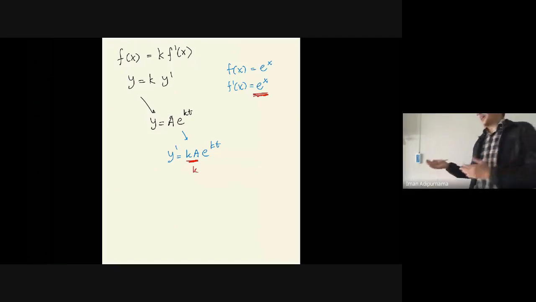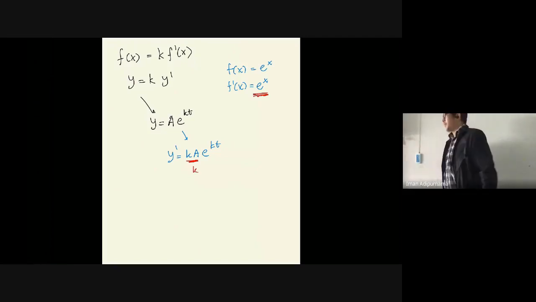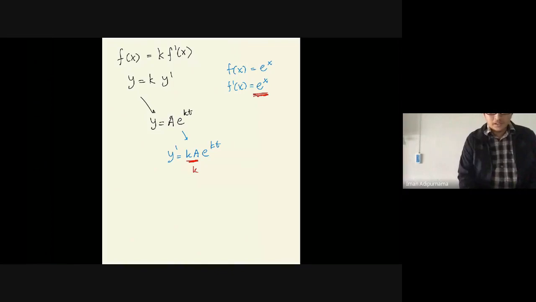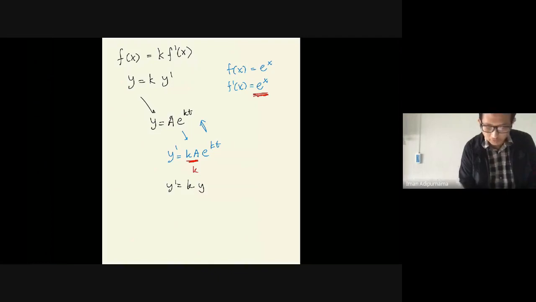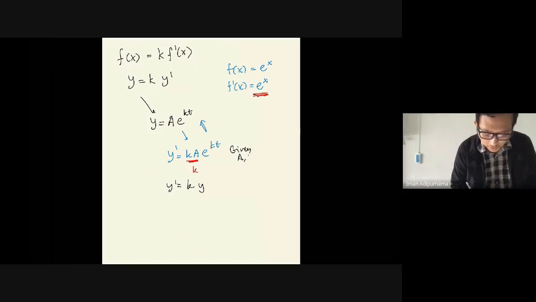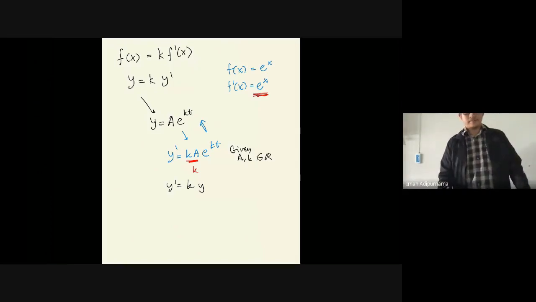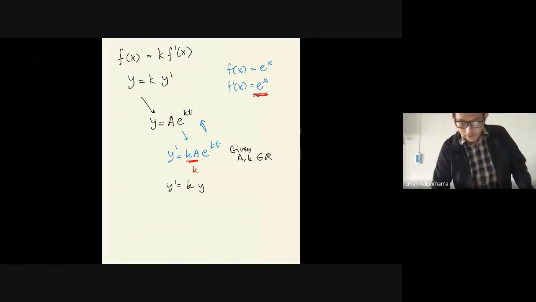Because k and a is constant, we can just combine those constants together. So it proves that y and y prime have a relation there. So we can simplify this, become y prime just k y. Okay, and given the a, k, it's the real number.